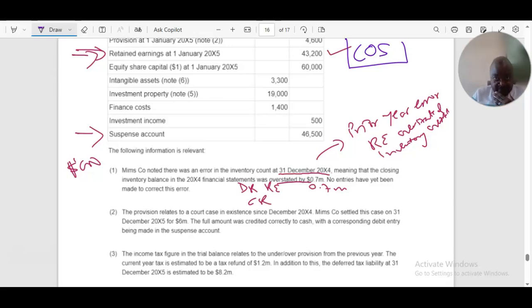So if closing inventory, or closing stock, is high or is going up, it means the cost of sales will be reduced.